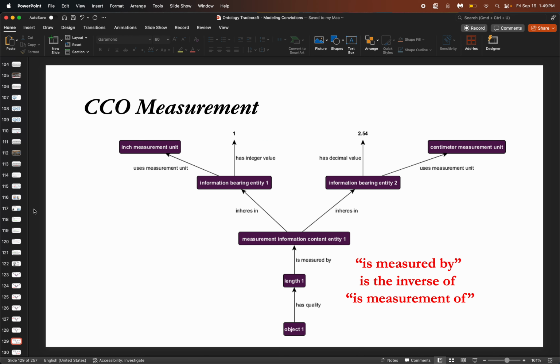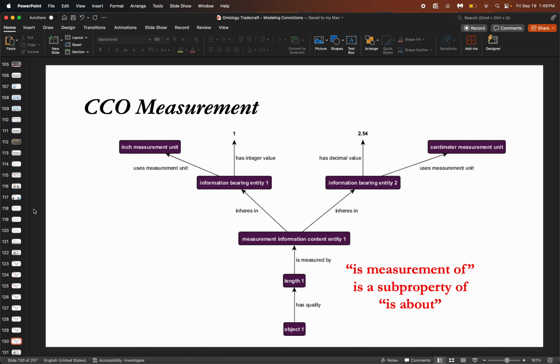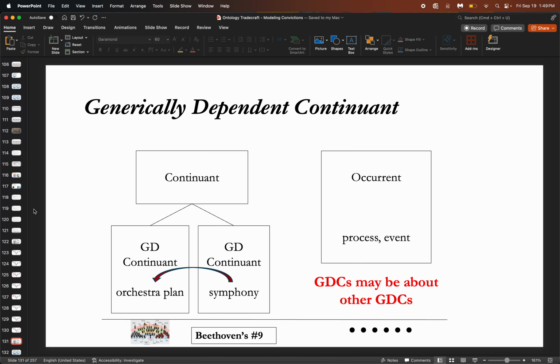And just so you can read this, is measured by is the inverse, a flip around, of is measurement of. And you see is measurement of, just so you know, is a subproperty, a subrelationship of is about. And so we tie a nice little bow there on the information side.